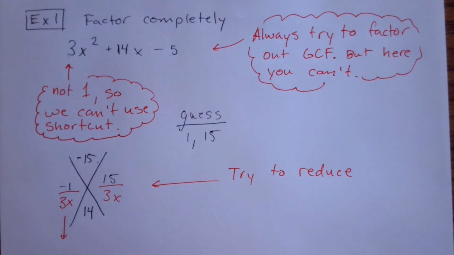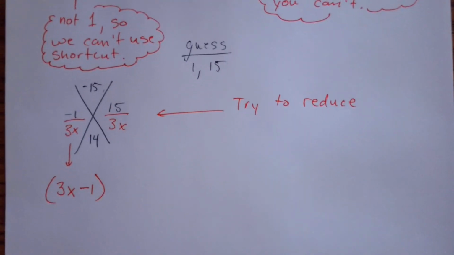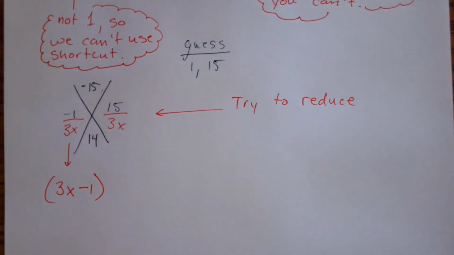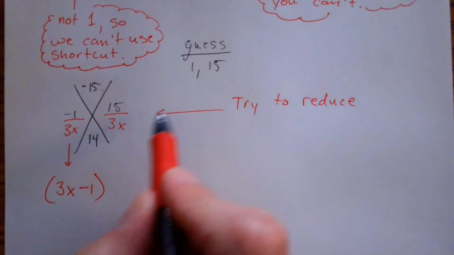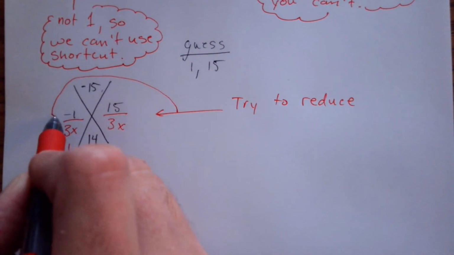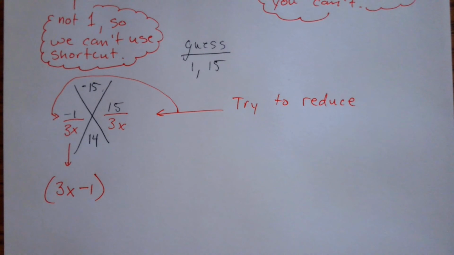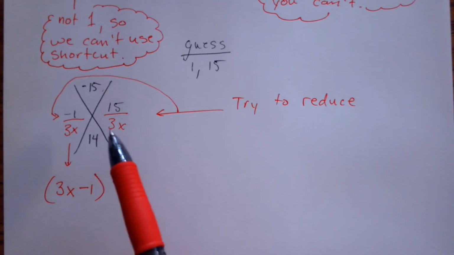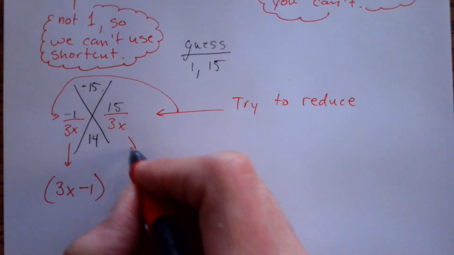So this doesn't change at all. We can't reduce. So this one's going to change, or it's going to become 3x minus 1. Can you guys see that? So I'm trying to reduce this too. Try to reduce, but I can't. So I'm just doing bottom and then the top. 3x minus 1. On this one, it does reduce.